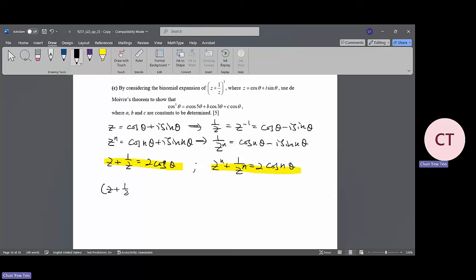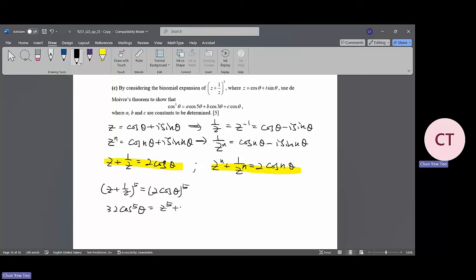z plus 1 over z to the power 5 is equal to 2 cos theta to the power 5. So I write the 2 cos theta to the power 5 on the left hand side, and I get 32 cos to the power 5 theta. Then on the right hand side, I do the binomial expansion.